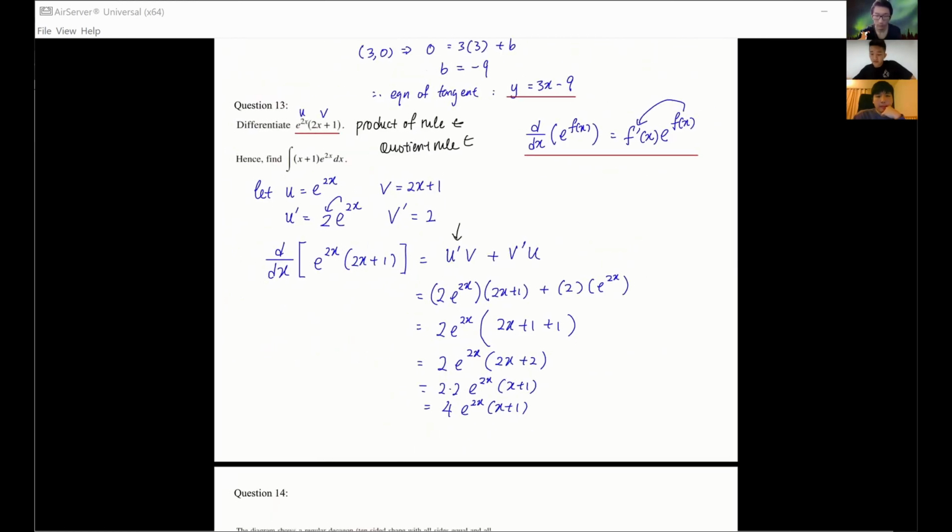Okay? Now remember, a lot of students like to just differentiate this. Like they just write it down, this one and this one, without writing this one out. Now it's important to write this one out because you are telling people you are differentiating this function. If you just write the answer out, nobody knows what you're doing, and the marker doesn't know.